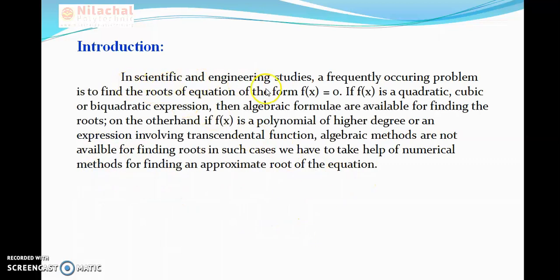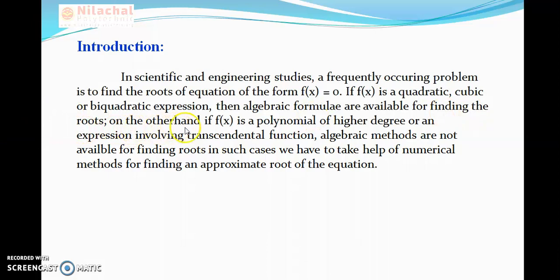In scientific and engineering studies, a frequently occurring problem is to find the roots of the equation of the form f of x equal to 0. Means we have to find the roots of the equation f of x equal to 0. If f of x is a quadratic, cubic or biquadratic expression, then algebraic formulae are available for finding the roots.